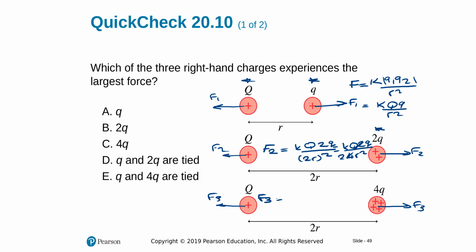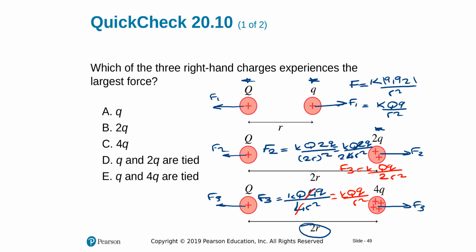F3 similarly will be K, capital Q, 4Q, divided by 4r squared. I'm taking square of this, right? So it will be the same as the first one. If I divide everything by 4 here, the result is K, Q, Q over r squared. We find F2 to be K, Q, small q over 2r squared.